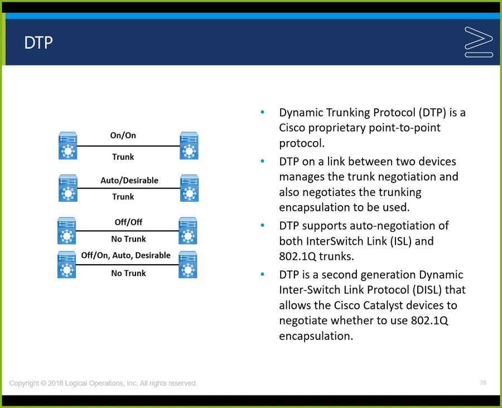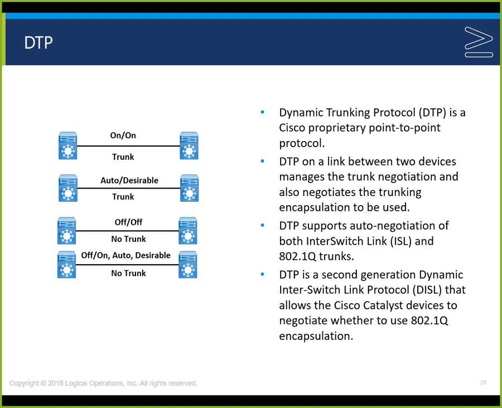Dynamic Trunking Protocol is a second generation that allows the Catalyst switches to negotiate whether to use the .1Q encapsulation. And the labs all say, oh, you've got to specify the encapsulation protocol, and the answer is maybe.